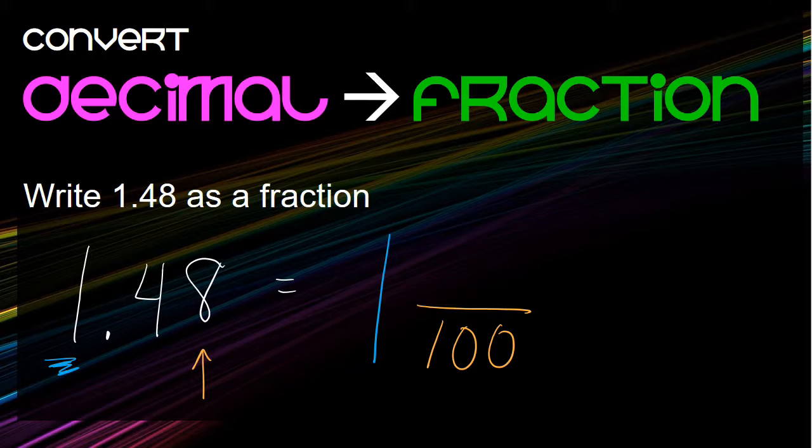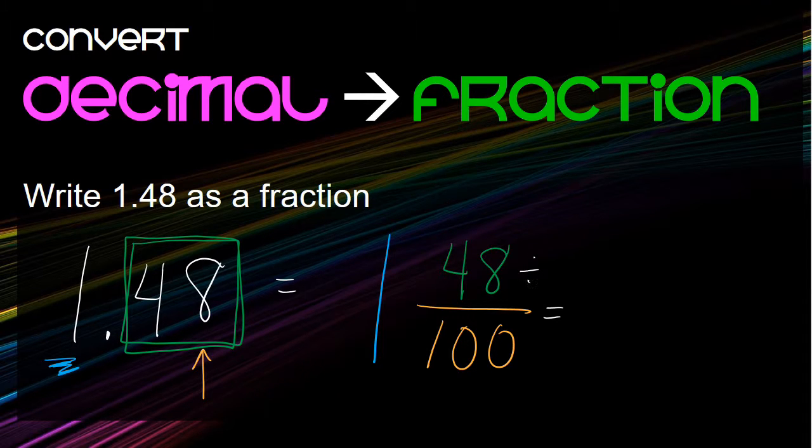And then for our numerator, we're going to look at all of the digits to the right of our decimal, which is 48. So we write that as our numerator. And now we have to simplify. In order to simplify our fraction, we can divide the top and the bottom by 4. 48 divided by 4 is equal to 12, and 100 divided by 4 is 25.